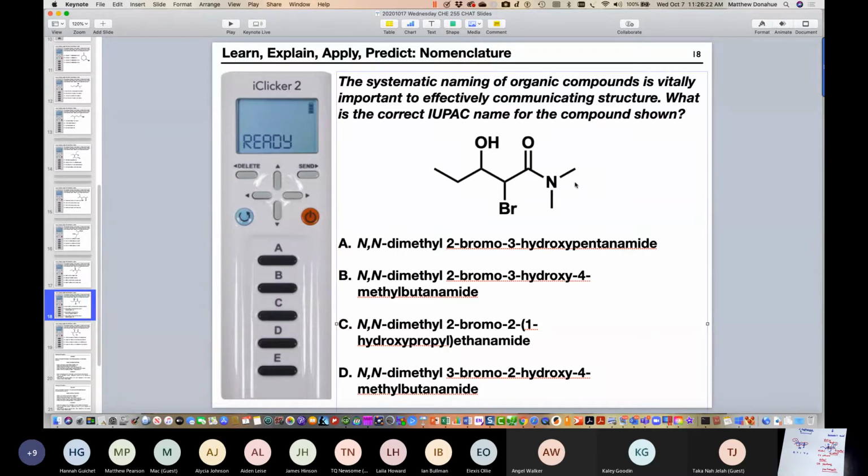Now the difference between the ester and the amide, this has 2 substituents on it. See 1, 2, and you have to name them separately. So without me going over it on the document camera, why don't you look at the potential answer choices and see which one makes the most sense to you based on everything you've seen so far.